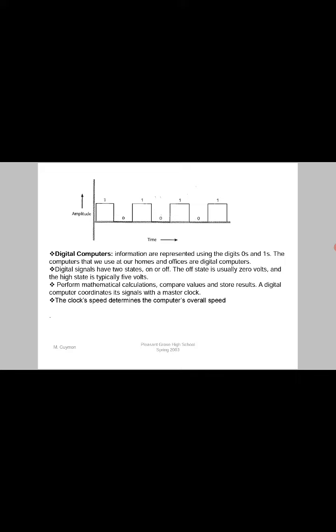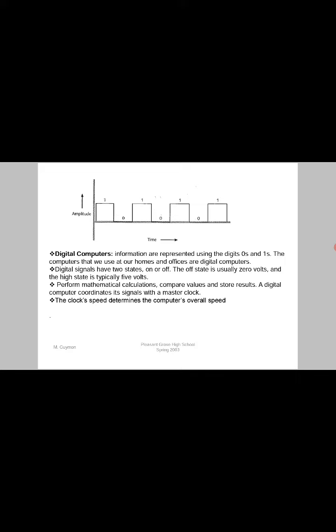So, digital computers: the data or information is generally stored in the form of digits, zeros and ones. Why? Because digital computers are made up of electronic circuits and chips, so generally they are capable of storing either zeros or ones.